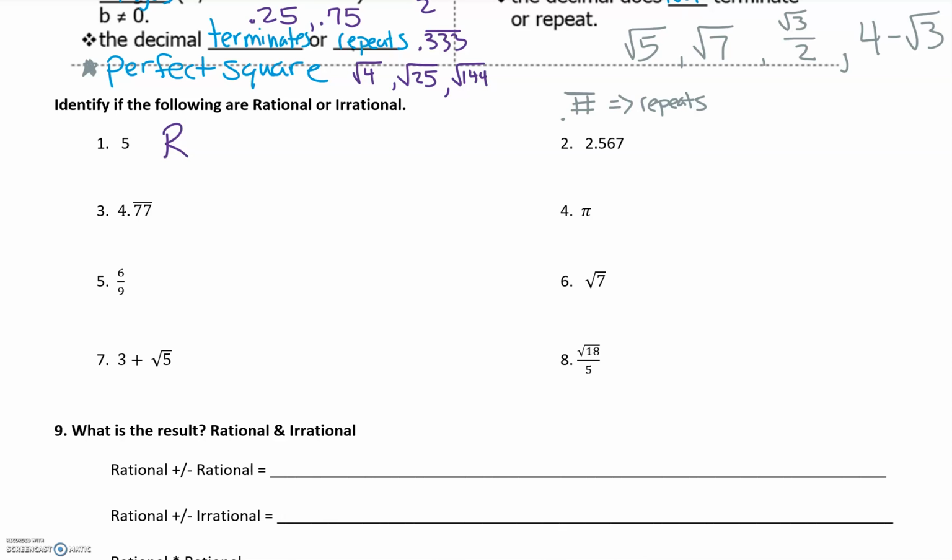If you have some kind of decimal and you have a dot, dot, dot, that means it goes on forever. It's not going to stop. It's not going to terminate. This one, number 2, doesn't have either of those, so that means it terminates, so therefore, this would be a rational number.